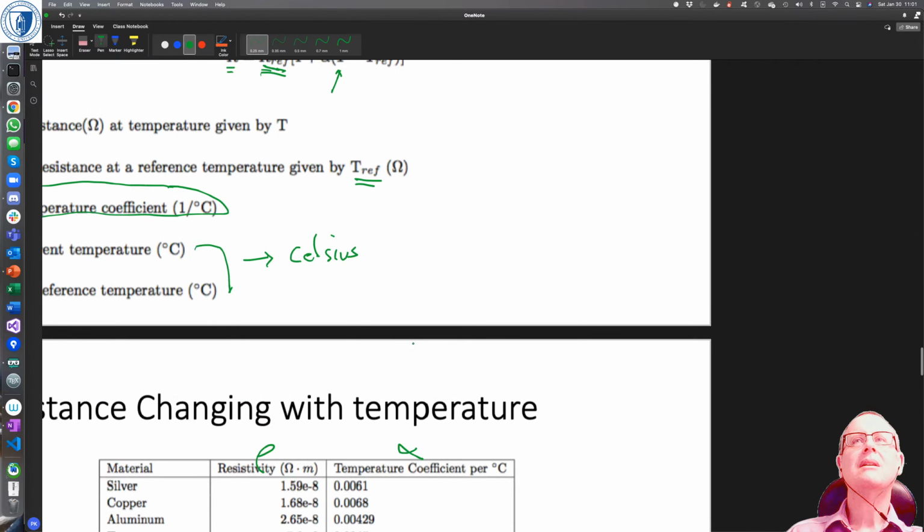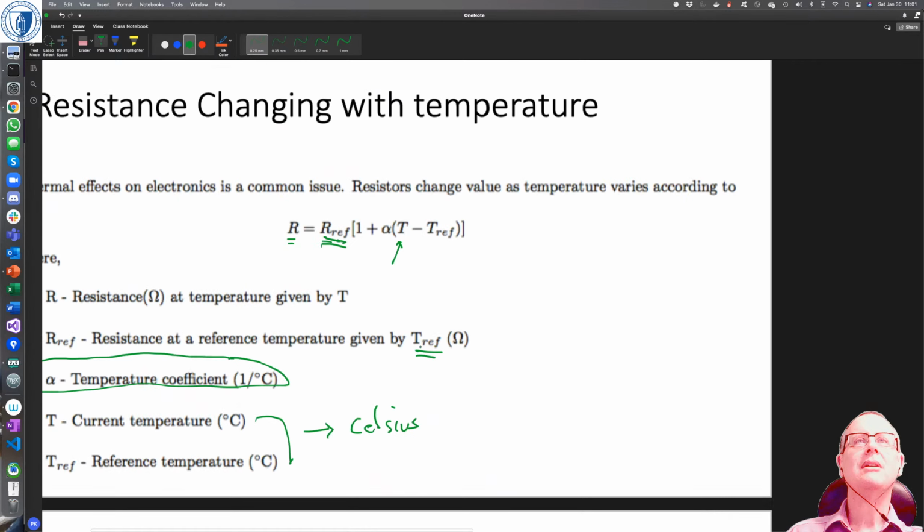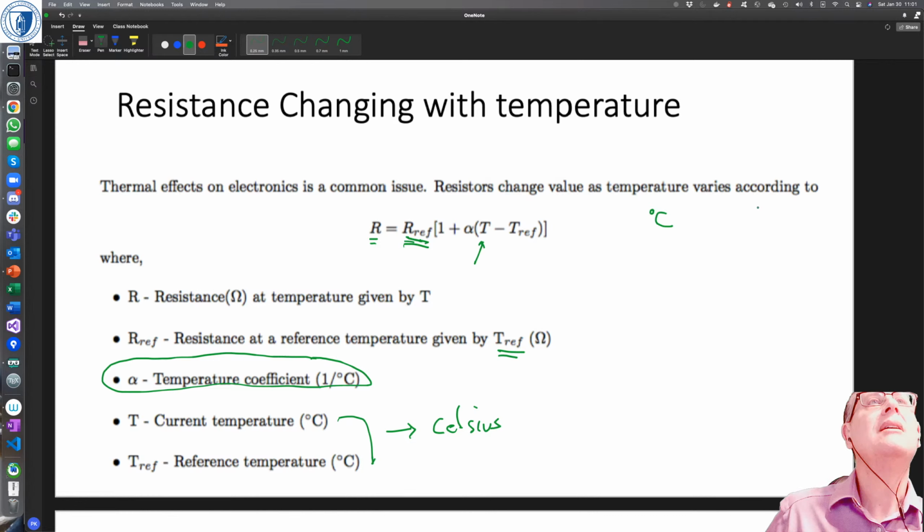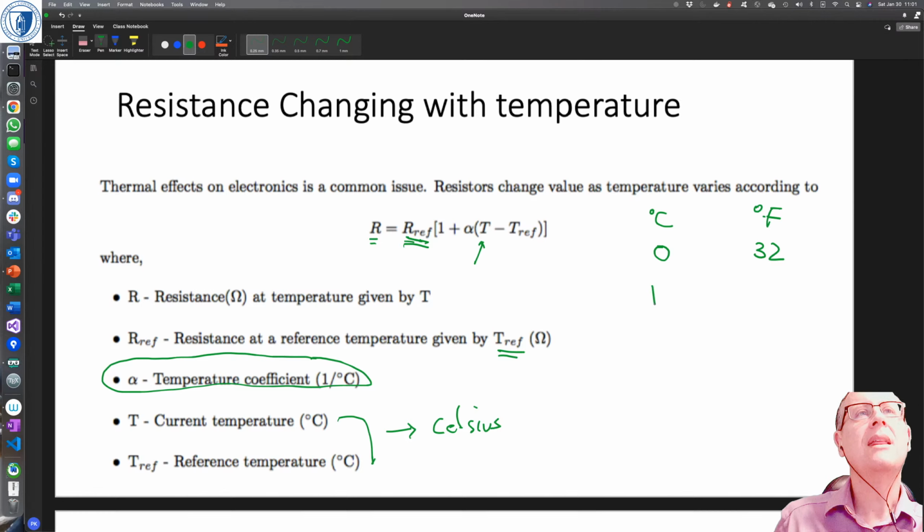Let's have a quick look. I'll just draw it up here on this slide. So degrees C and degrees F, the two interesting points are 0 and 32, which is the freezing point of water, and 100 and 212, which is the boiling point of water.